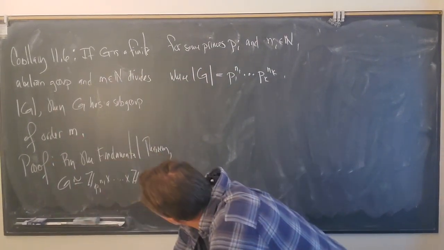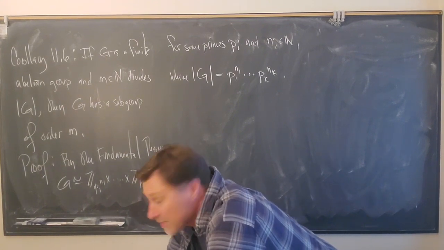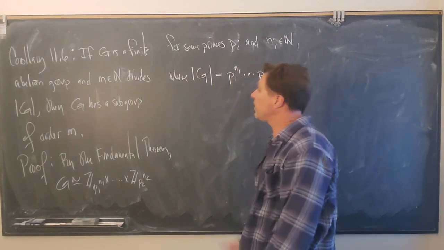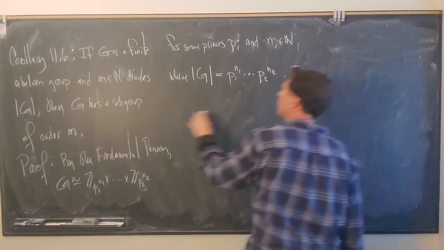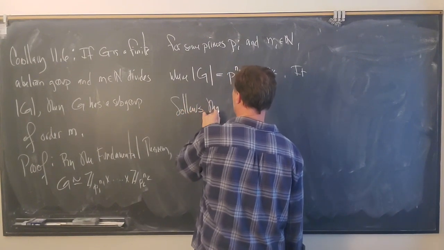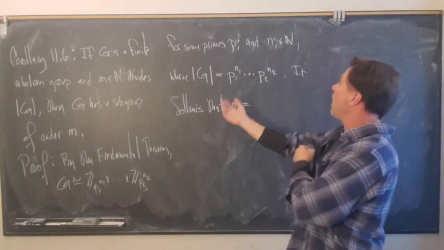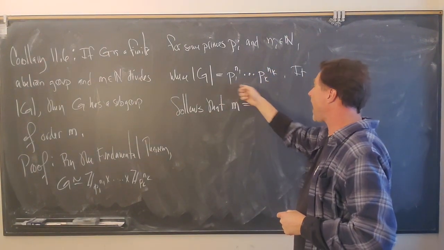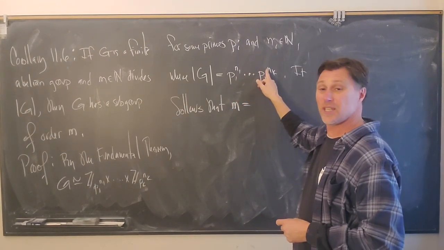So, okay, now, if m is a divisor of the order of G, then we know the form that it's got to take. It follows that m is going to look like a product of powers of these exact same primes, but with potentially different exponents.